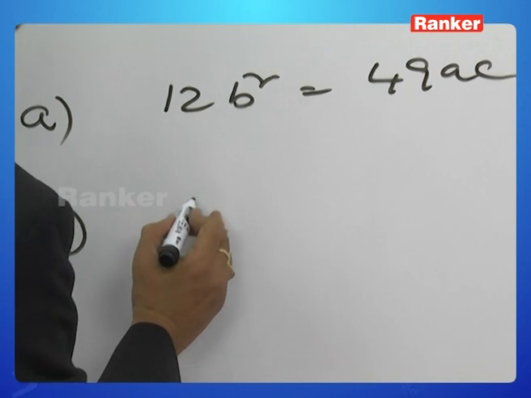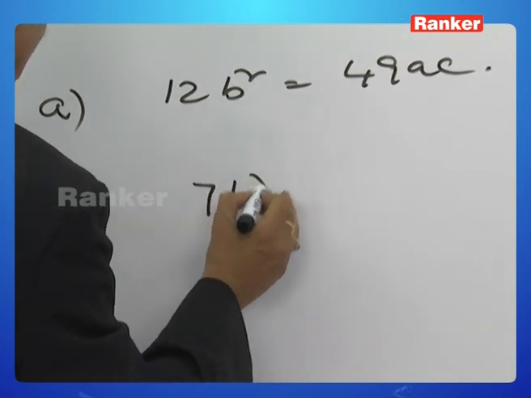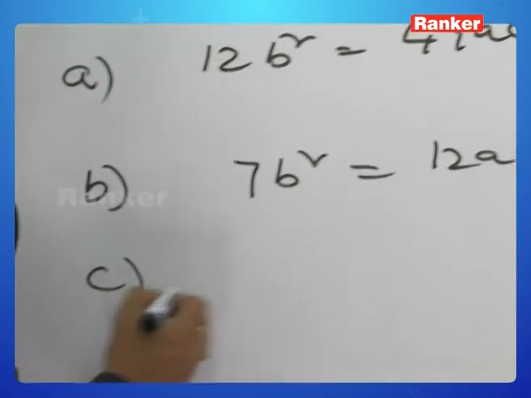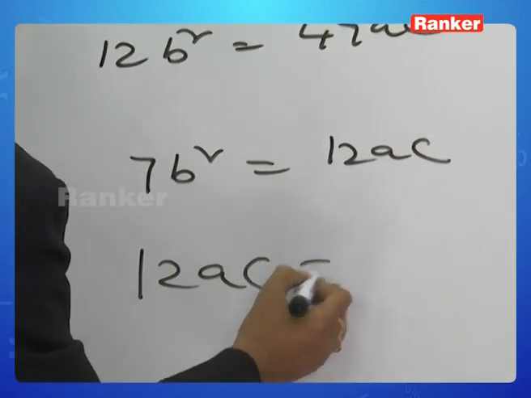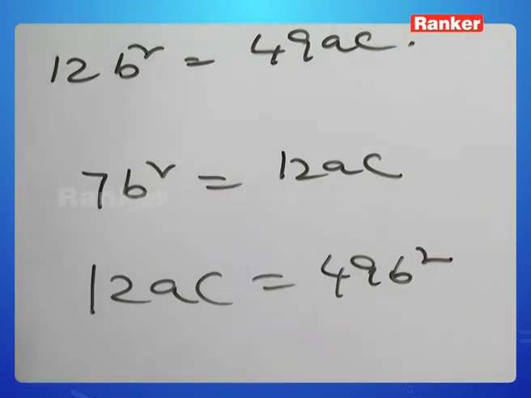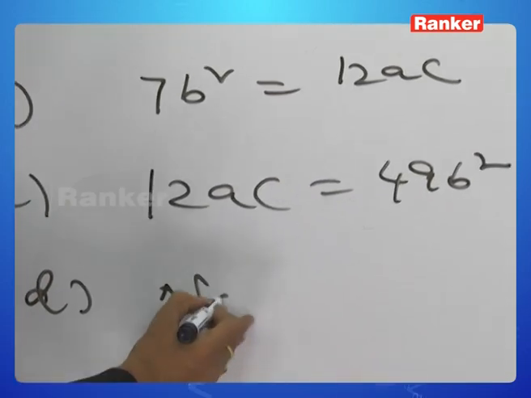Second option, 7b square is equal to 12ac. Third option, 12ac is equal to 49b square. Fourth option, none.